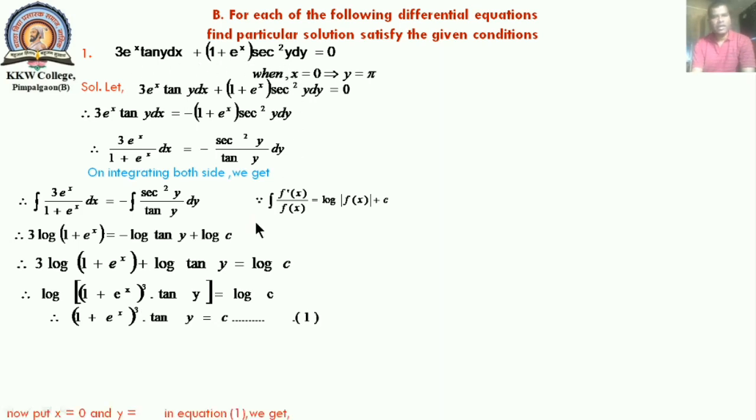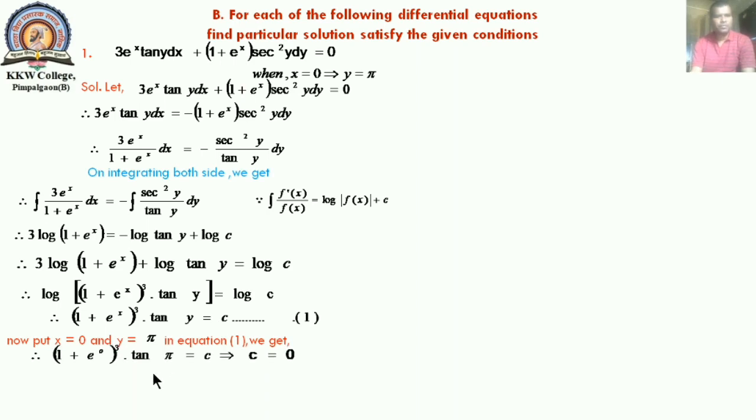Now we'll take x is equal to 0 and y is equal to pi in equation 1. By putting these values, we have (1 plus e raised to 0) whole cube, tan pi. tan pi is 0. So e raised to 0 is 1, 1 plus 1 is 2, 2 cube into 0 is 0, therefore the value of c is 0.